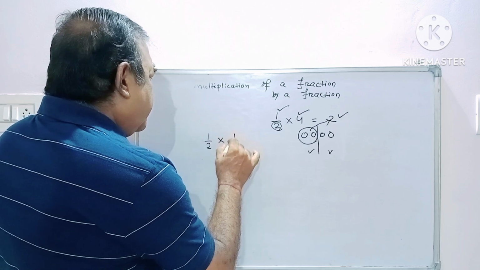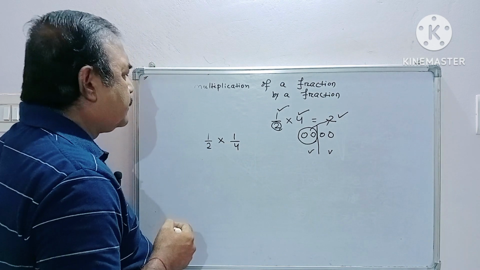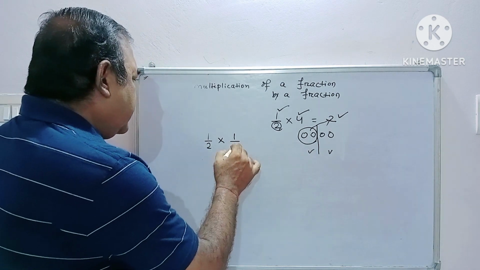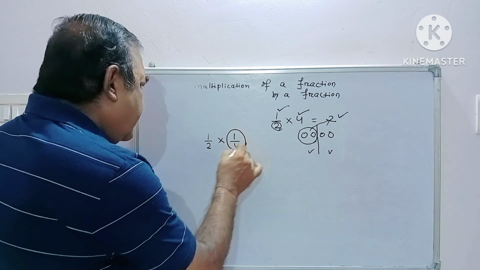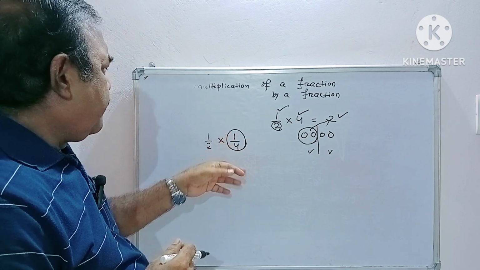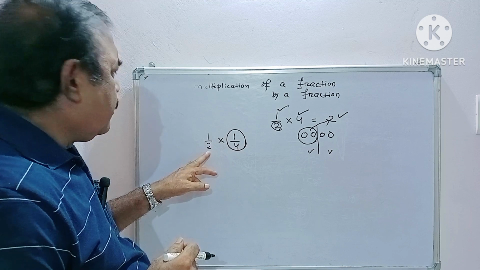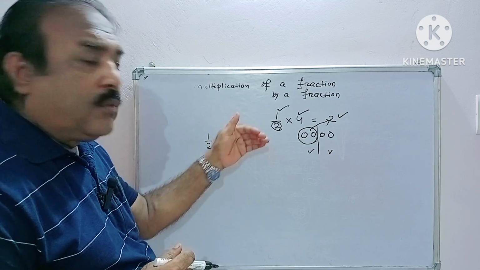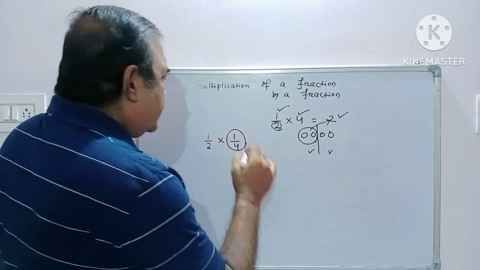Like that you see, if I take 1 by 2 into 1 by 4. What does it mean? You see, we have to divide 1 by 4 or 1 upon 4 into 2 equal parts and I will have to take one part. So let me represent 1 upon 4 first.